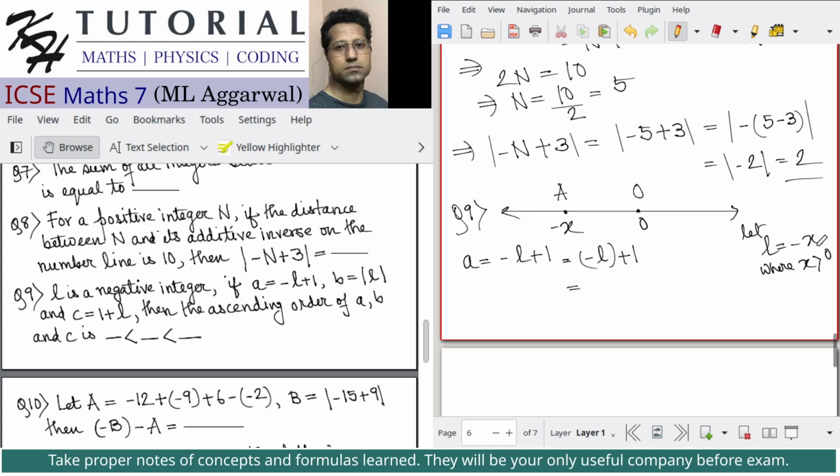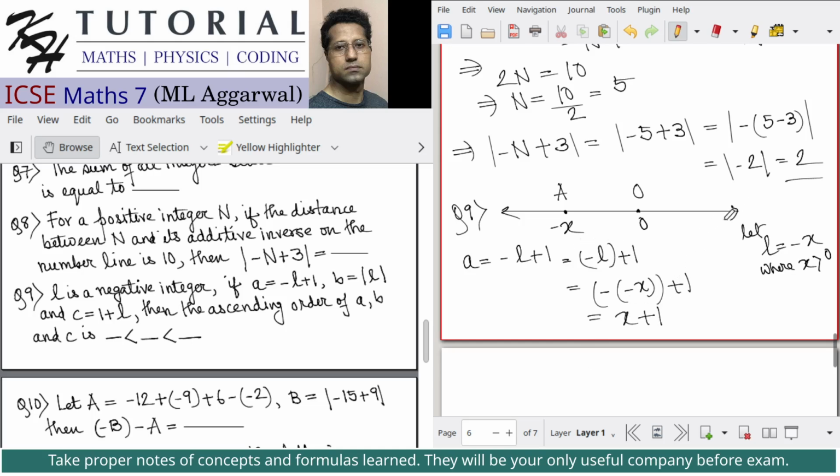If x is a positive integer, definitely minus x will be a negative integer. So negative of L, where L is minus x, is x, plus 1. So a will be x plus 1.